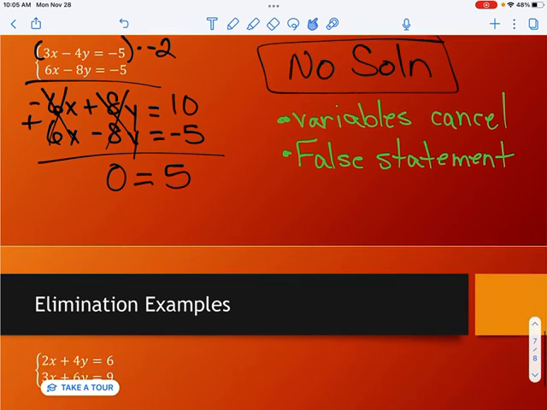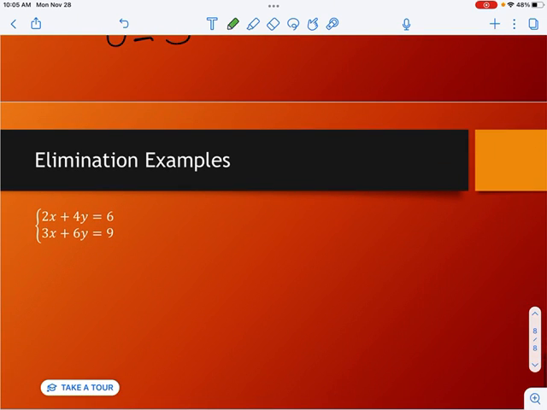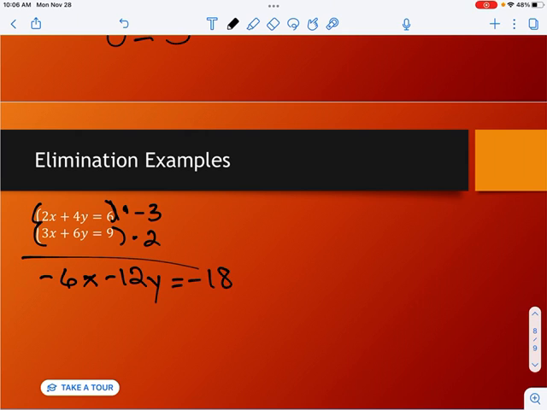Okay, let's try this last one with elimination. So this time we're going to have to multiply both equations by something. So on this first one, let's multiply by negative 3. On the second one, let's multiply by 2. So if I multiply by negative 3, I get negative 6x minus 12y equals negative 18.